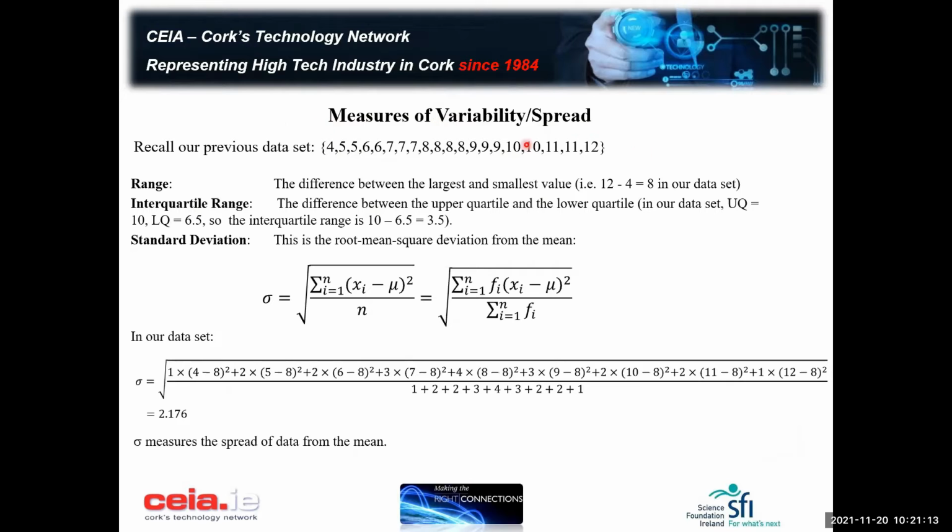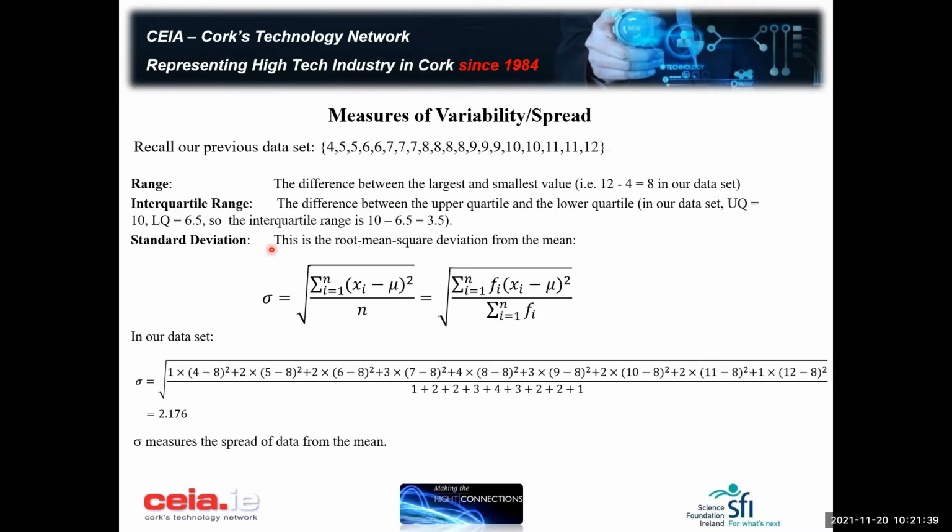Now, measures of spread, also important. And again, there are various measures of spread. There's a full range from 4 to 12, which is one measure of the spread of this data set. There's an interquartile range. So that's basically you take the 25% point and the 75% point in the ordered set and the gap between them.